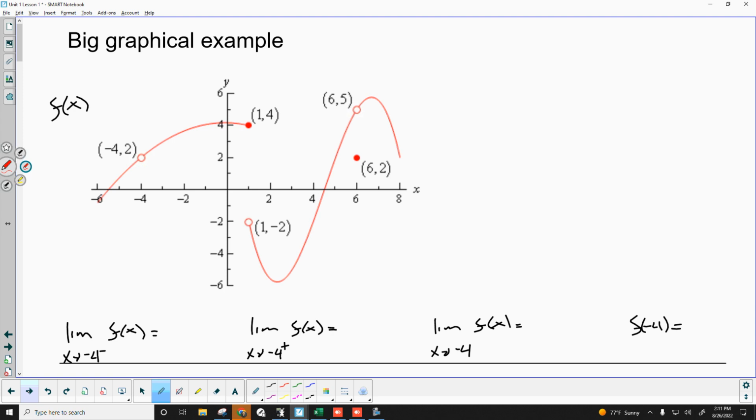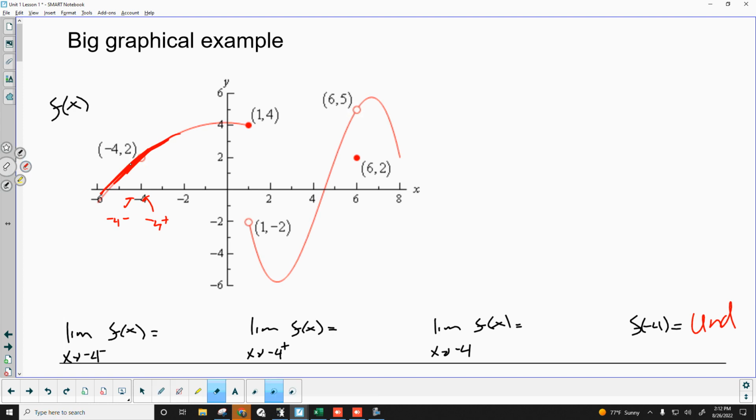All right, so if I continue the graph, you just look a little bit to the left and a little bit to the right of -4. I don't care that there is no value at -4. There is none, and that's important. If there was a point, it wouldn't even have the open circle there; it would just be a smooth graph.